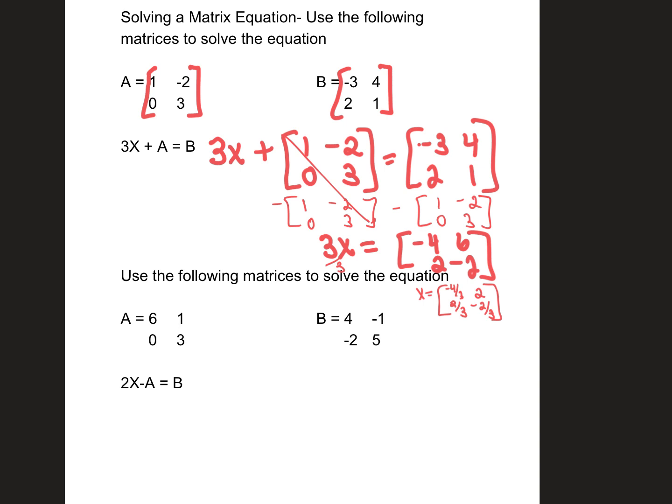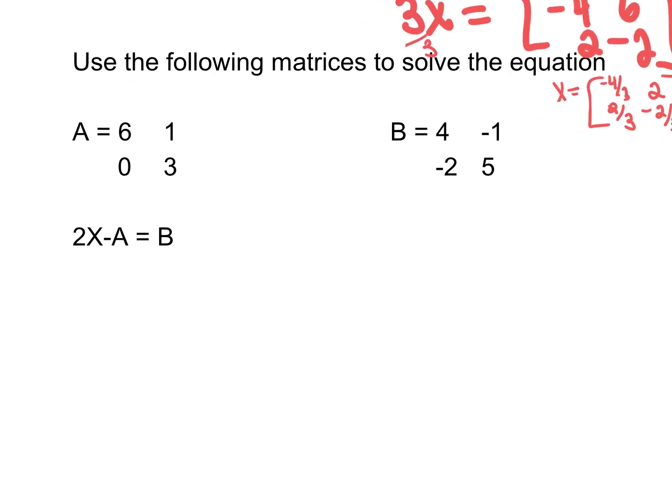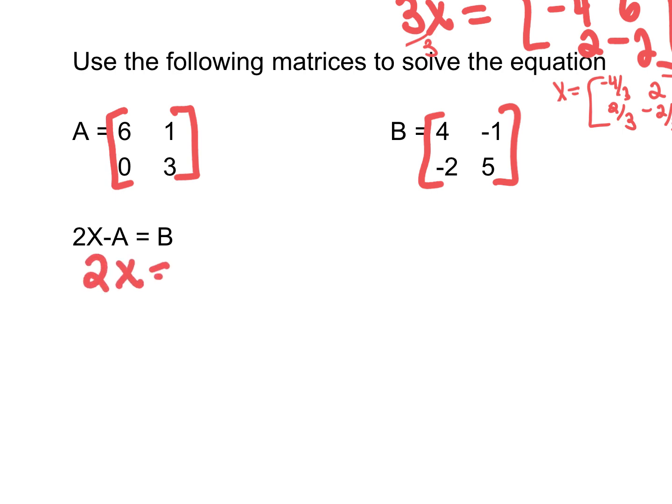So I'm just going to show you another way to think about this. I showed the work with the matrices substituted in first. I'm going to show you just another way that gets you to the same end. Okay, and that would be I have 2x minus A equals B. If I want x by itself, I'm going to add A to both sides. So I can do some of this ahead of time.